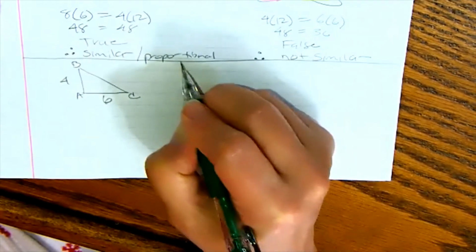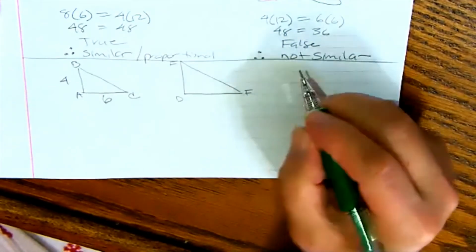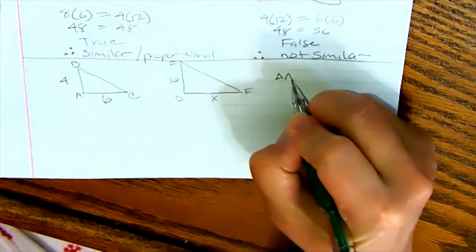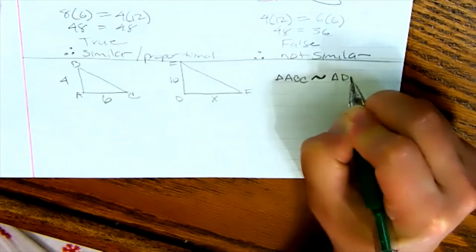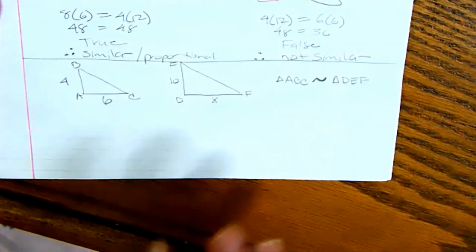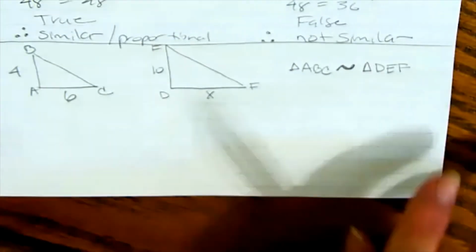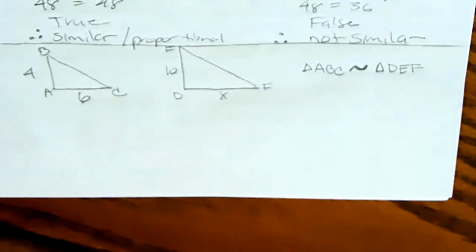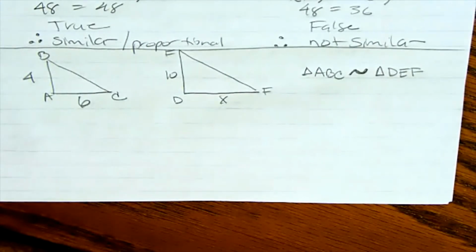And then I have this triangle right here, D, E, F. And this is 10 and this is X. And I'm telling you, triangle ABC is similar to triangle DEF. I'm telling you, they are similar triangles. So with that information, can we figure out X? Yeah, we can, because similar figures are proportional.